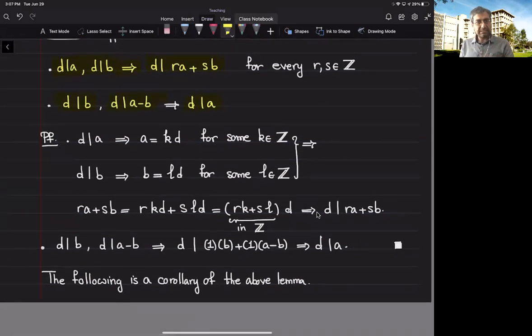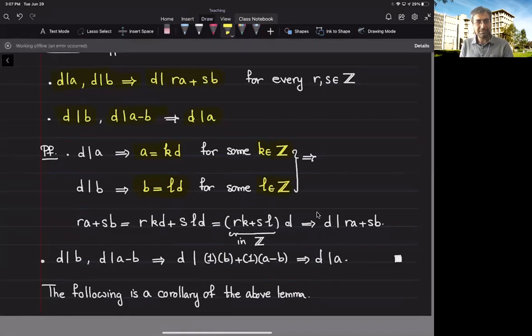The assumption is that d is a common divisor of a and b. That means both a and b are integer multiples of d, which means a is k times d for some integer k, and b is l times d for some integer l. Now I'm interested in this integer linear combination of a and b, ra plus sb.